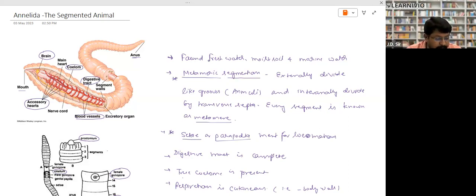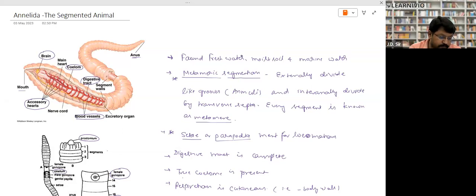They are found in fresh water, comma, moist soil, and marine water. Marine water means oceanic water.